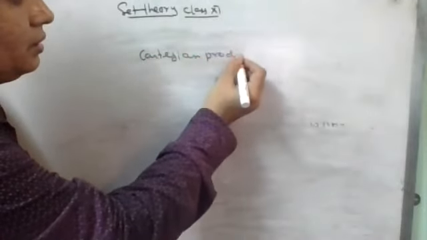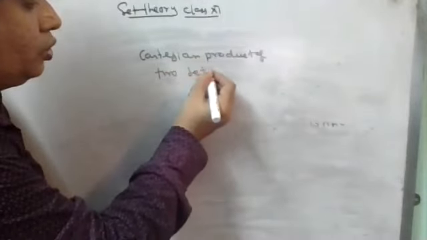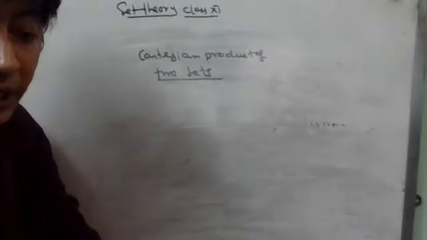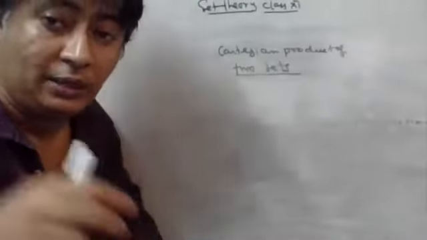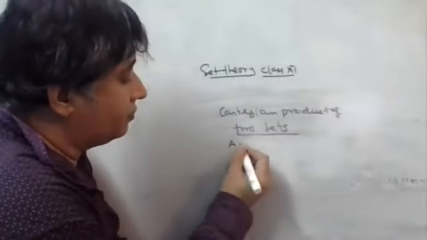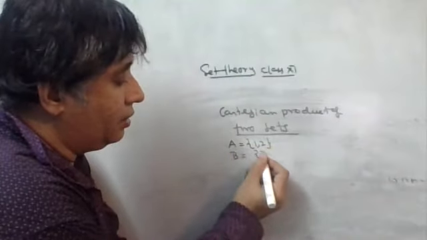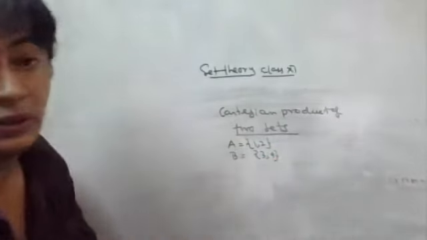See, if you get a set like this, A is {1, 2} and B is {3, 4}.